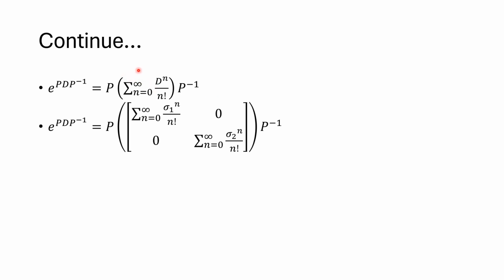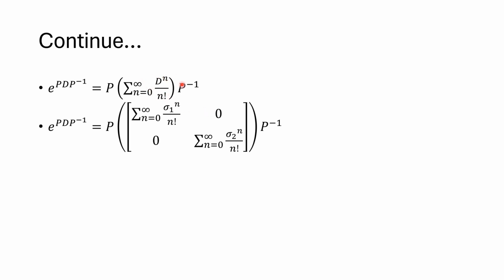And now that we've considered the matrix D, let's consider this summation right here with the n factorial. What we can do is just apply this operation to all of the entries in the matrix, right? And when we apply those operations to the entries where we have 0, nothing really happens because it gets multiplied by 0 and then it just disappears.